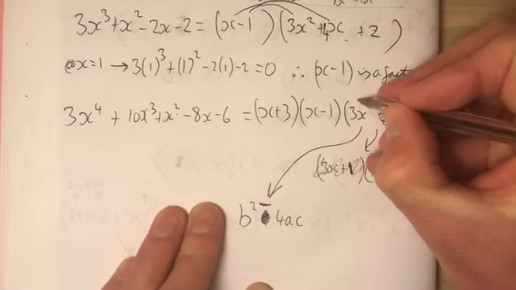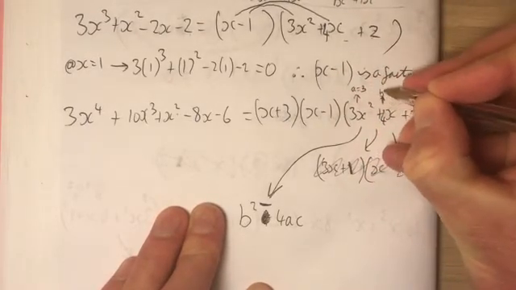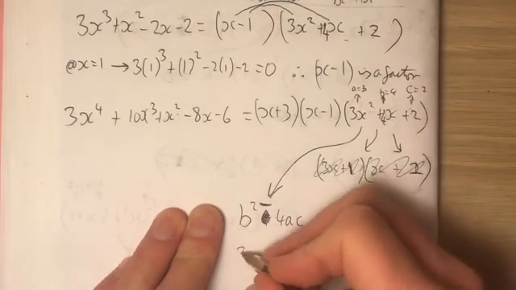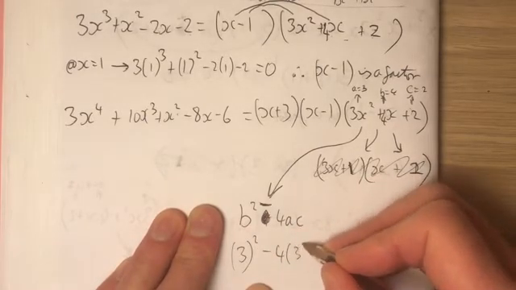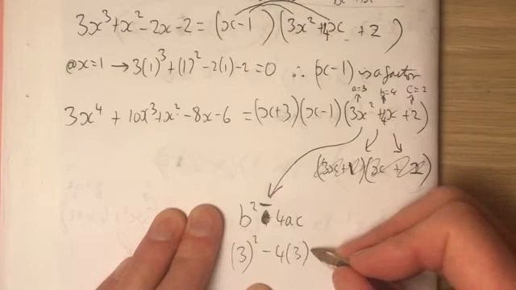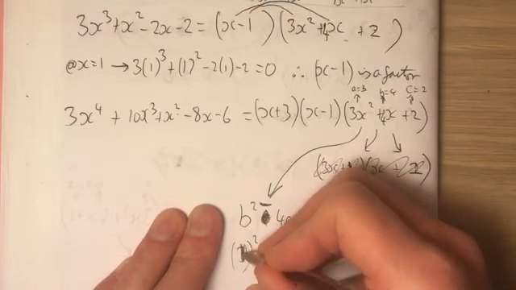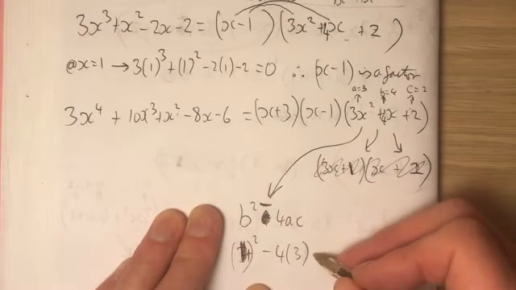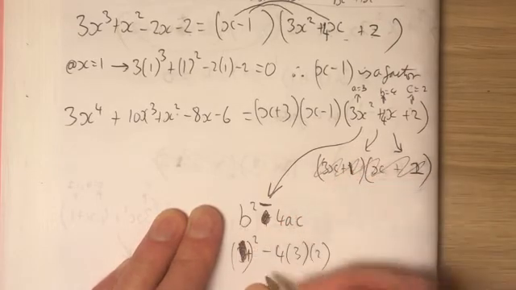Just looking from here, A is going to be 3, B is going to be 4, and C is going to be 2. So B squared minus 4AC is 4 squared minus 4 times 3 times 2.